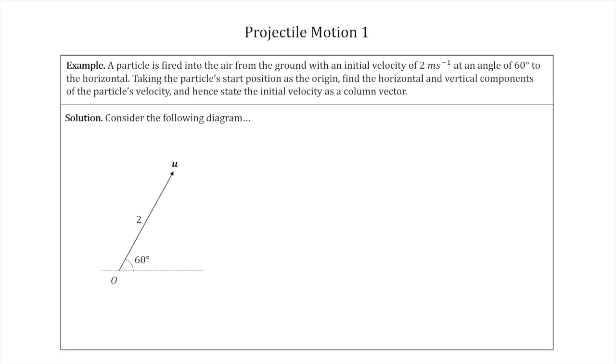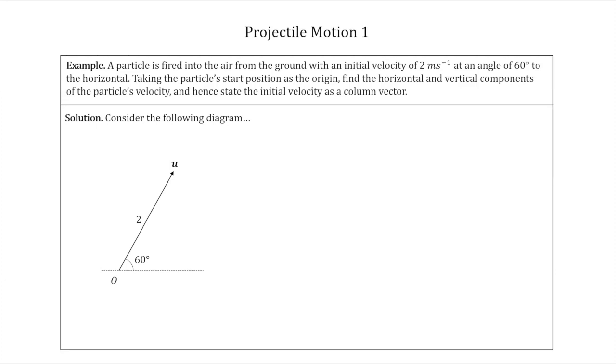But then, because we're told an angle, we have all the information on the vector that we need to find its components. If you're not too sure about how to work with vectors or how to do trigonometry, because we're going to have to do trigonometry here, you should watch the vector videos and the trigonometry videos in this set of videos. I'm going to assume that you're pretty confident with vectors and with trigonometry.